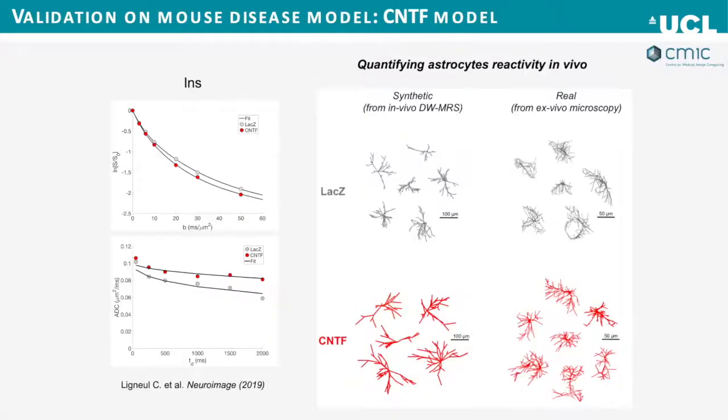So here is a simple visual comparison between the predicted cell morphology from in vivo diffusion spectroscopy and those measured ex vivo from the 3D confocal microscopy.